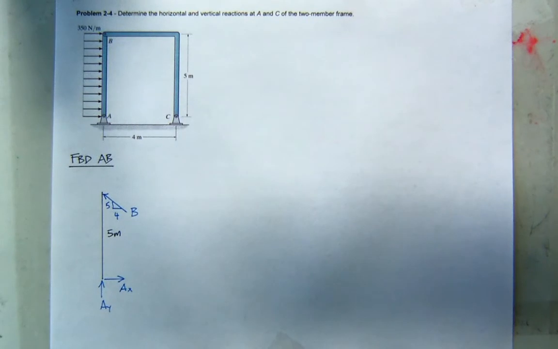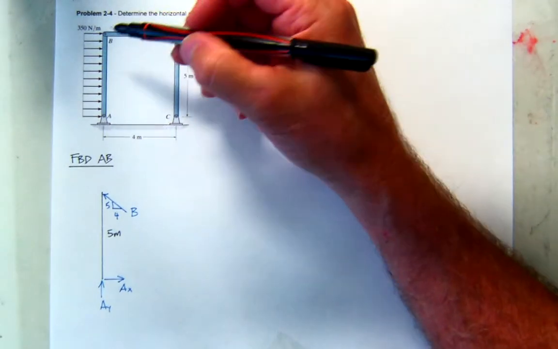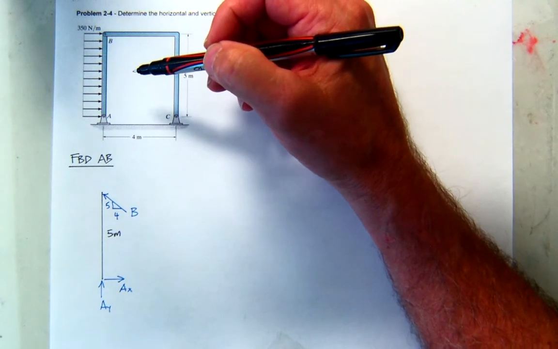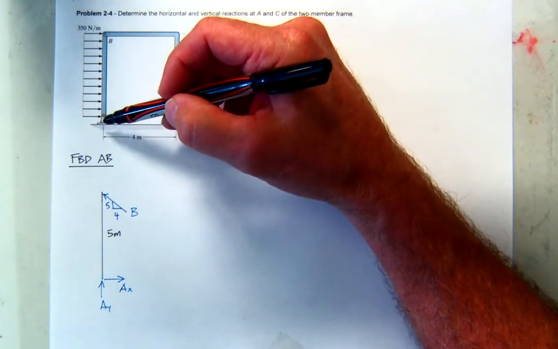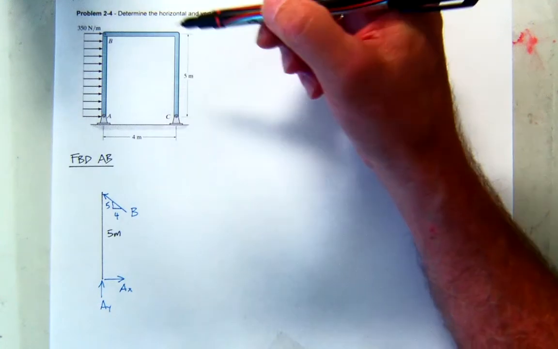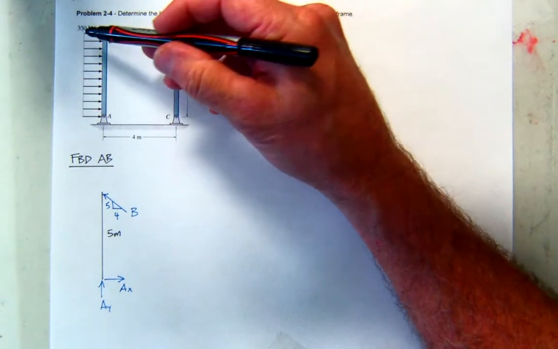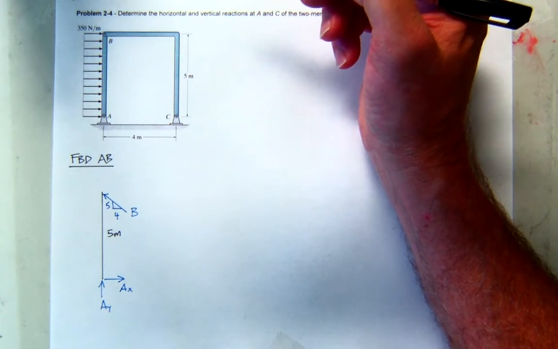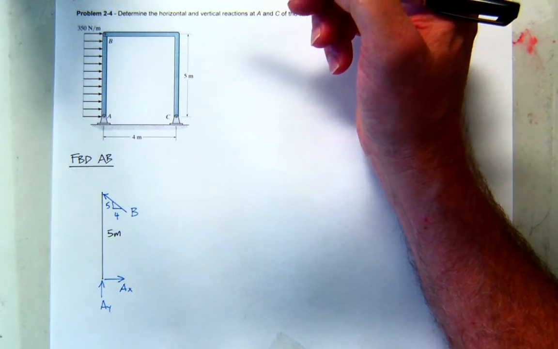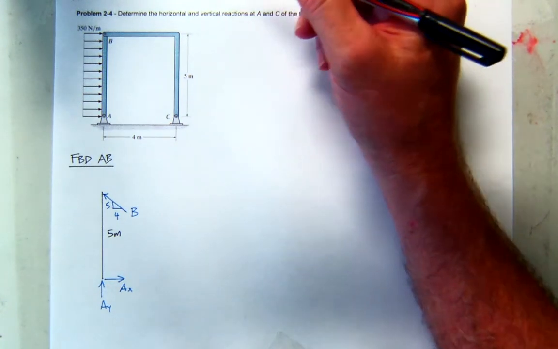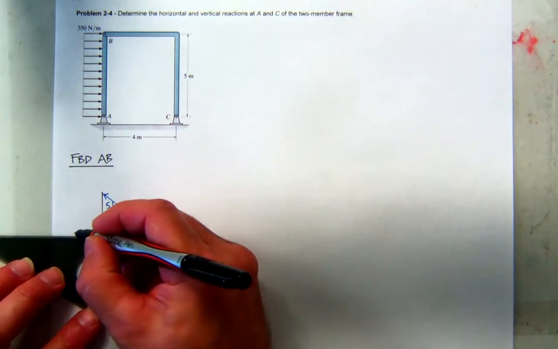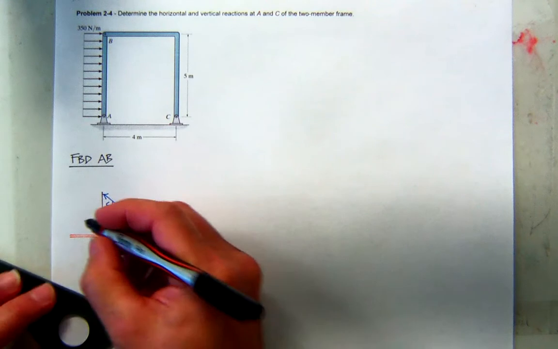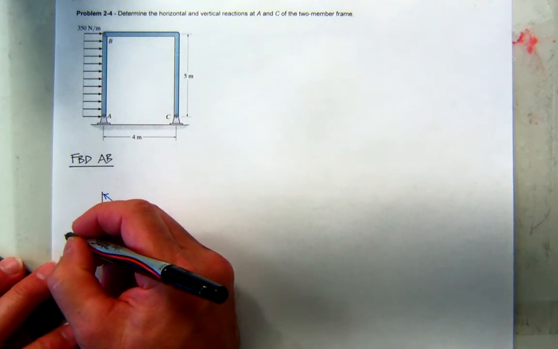And then the distributed force on the left-hand side is rectangular. So again, that's easy. The equivalent force would just be the area of the curve, which is the base times the height. The base is 5 meters. The height is 350 Newton per meter. What is that? 1750 or 1850? 1750?